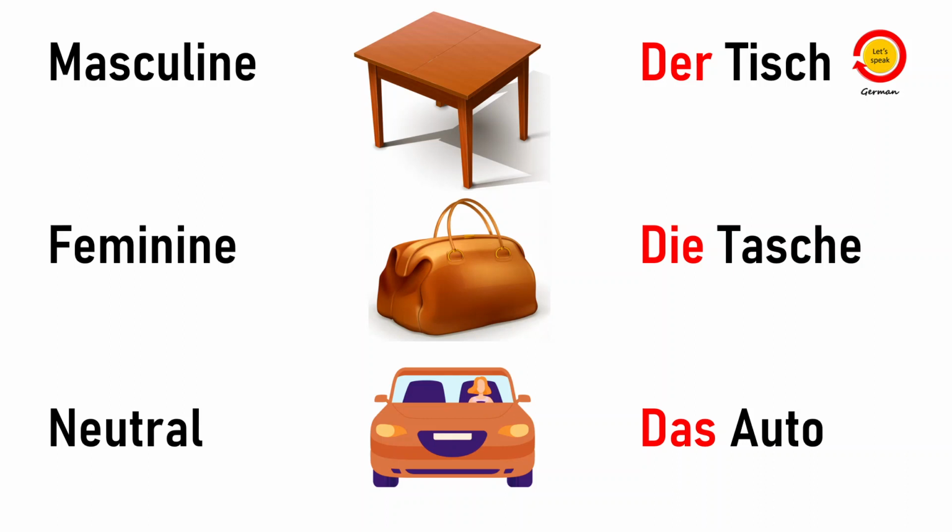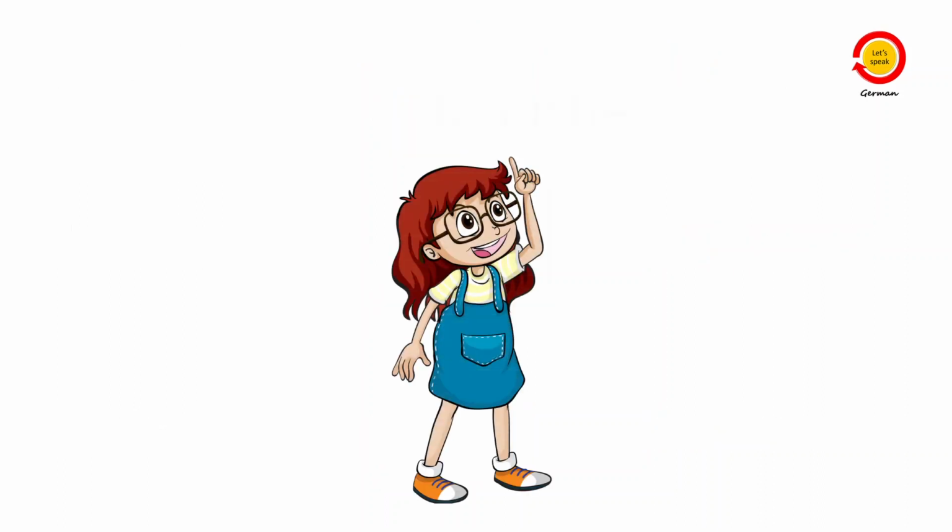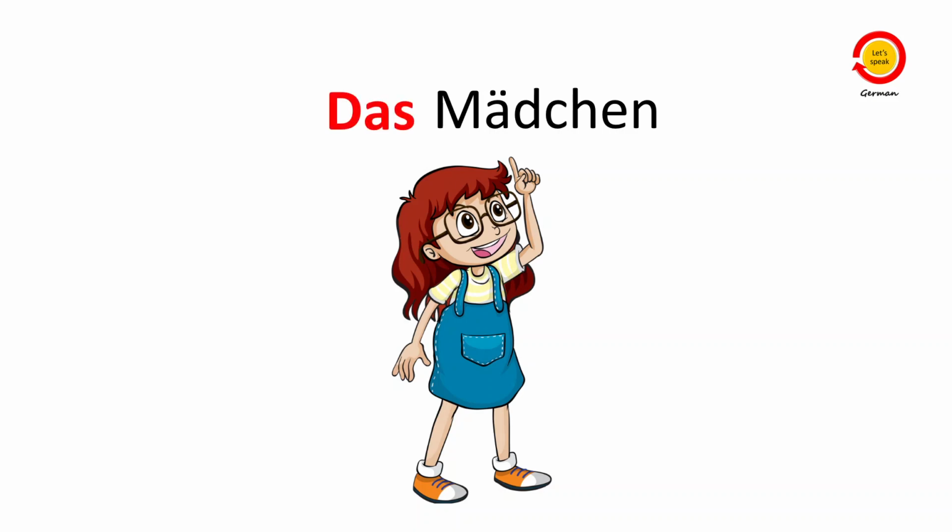Also, the gender of German nouns doesn't necessarily comply with the gender of the object it is naming. For example, a young girl is called Mädchen in German. Can you guess the gender of Mädchen? Although it refers to a girl, it takes the neutral gender: das Mädchen.